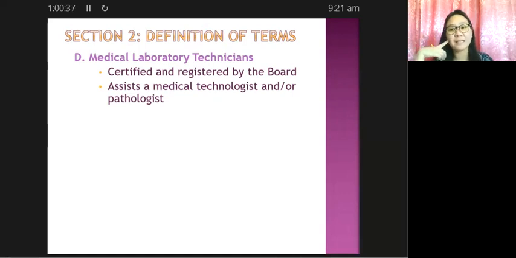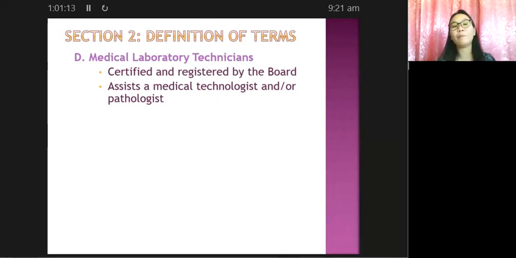But of course, yes. You cannot take that away from them because it is being defined here as part of your RA 5527. You cannot take it away from them. Okay, yes, provided that they are supervised by a medical technologist or a pathologist. So they can help in assisting you perform certain procedures in the laboratory.